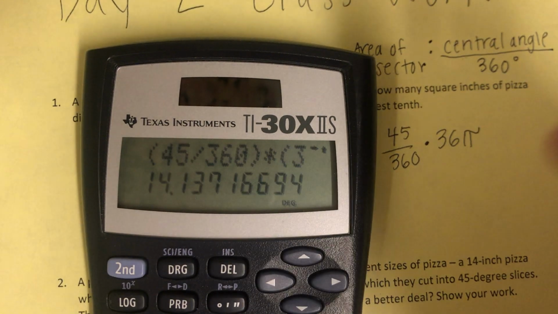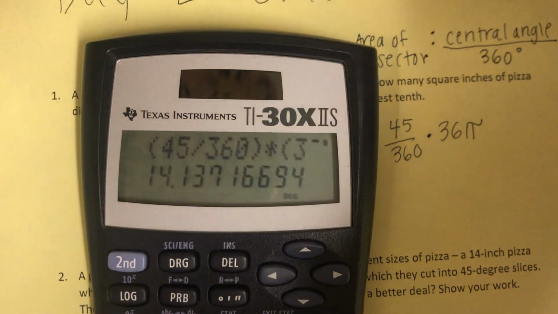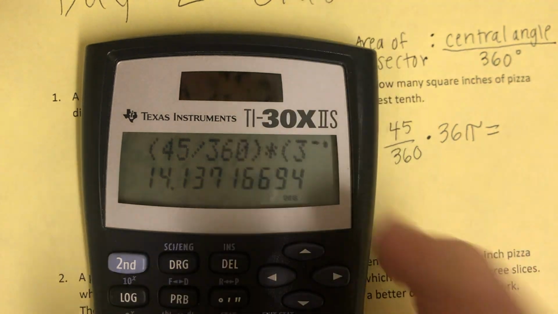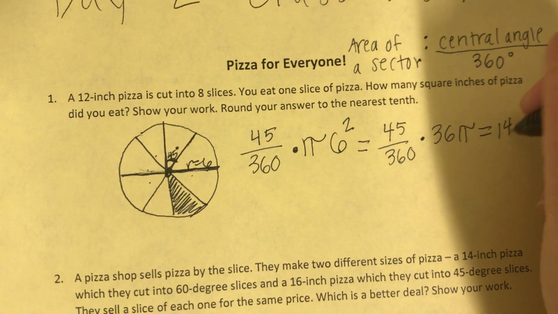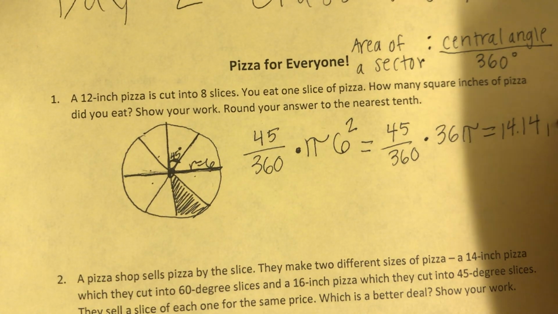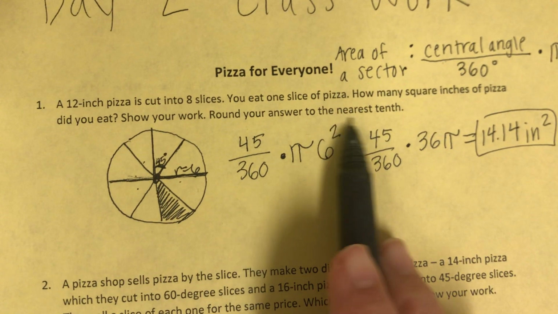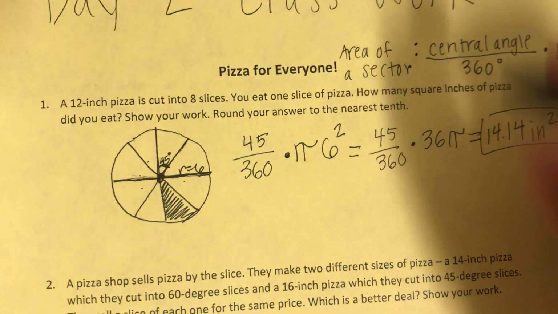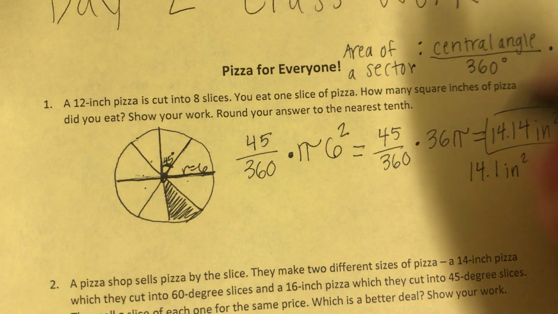Press enter, and I find that the area of the piece of pizza that I ate, so this one right here, is 14.14 inches squared. It actually says to round to the nearest tenth, and I went to the nearest hundredth, so you could have written 14.1 inches squared.